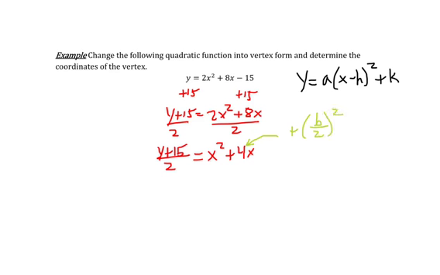In this case, half of that squared is 4 over 2 squared, which is 2 squared, which is 4. All right, so we want to add 4 to both sides. We add 4 to this side, and we're adding 4 to the right side.